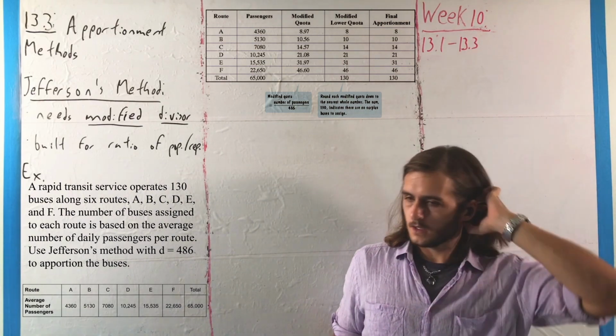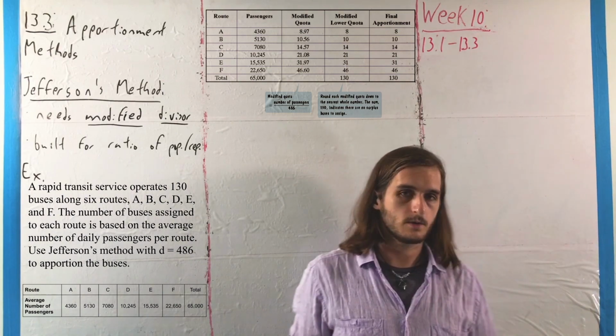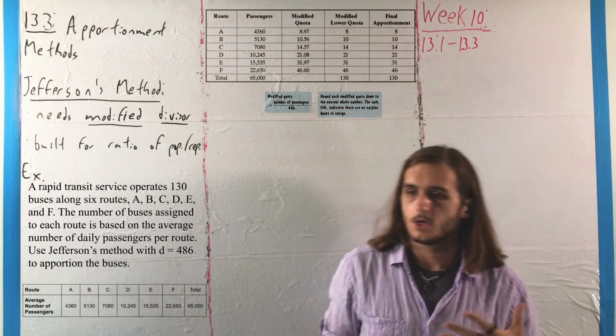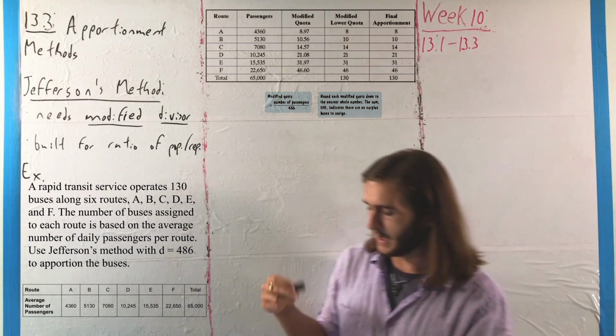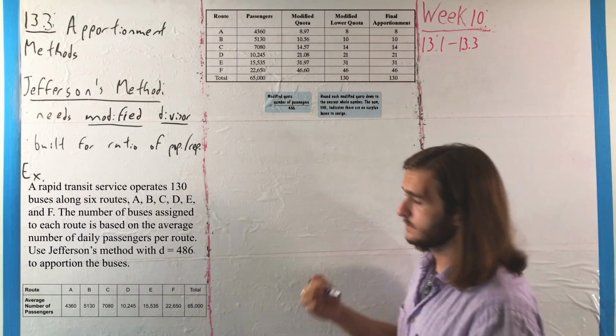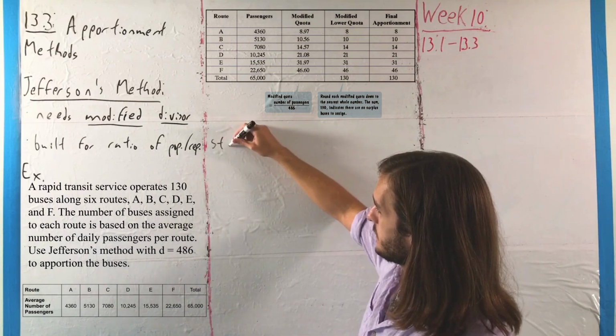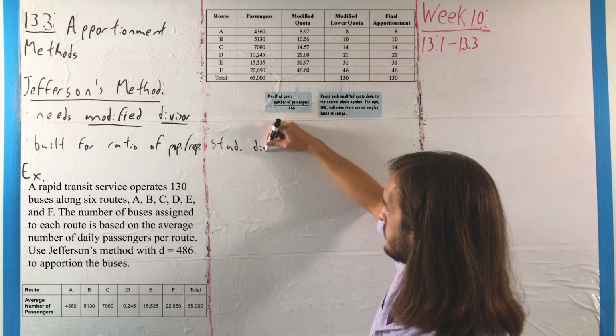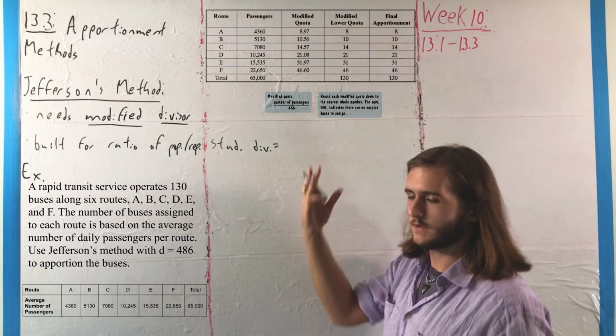And then to also compare the way that we're thinking for this, we can get the standard divisor just for comparison pretty easily. We call that stand div, just to save myself a tiny bit of hand cramping.